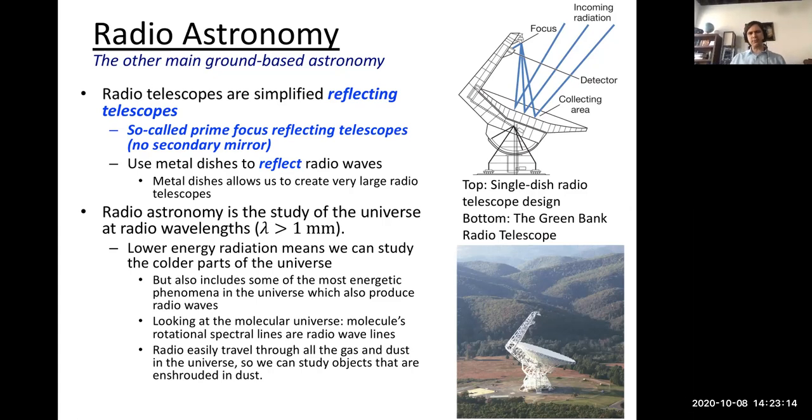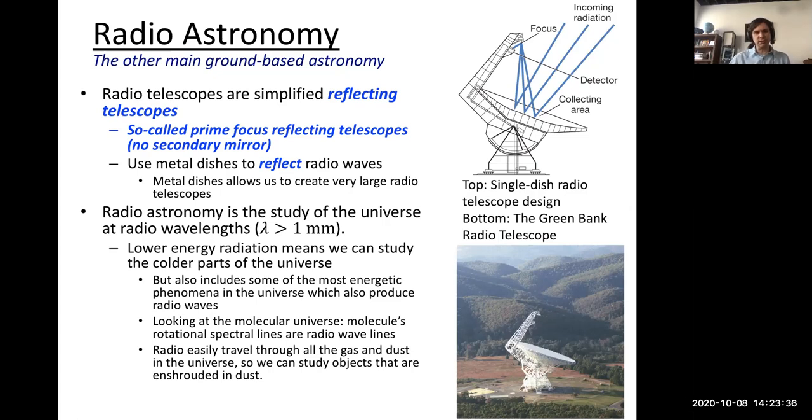Okay, so now we have our radio telescopes. They are reflecting telescopes of a slightly different design, and they use metal dishes to reflect radio waves instead of glass mirrors. Radio astronomy is the study of the universe at radio wavelengths. Radio wavelengths are pretty much any wavelength that's about a millimeter in wavelength and larger.